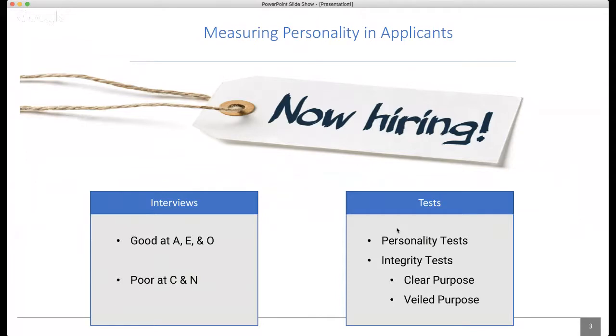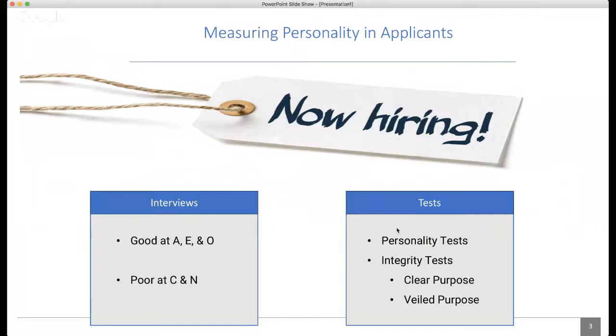For our exam on Wednesday, you don't have to know about integrity tests. There aren't any questions on the exam about it, but I think it's important to know that we can give both of these types of tests, and they can both be used to make decisions about employees, whether or not we want to hire them. But we really need to make sure that the tests we're using are reliable and valid.